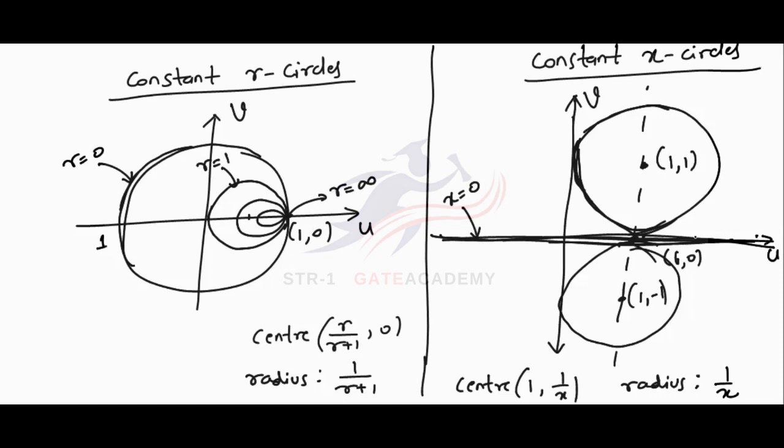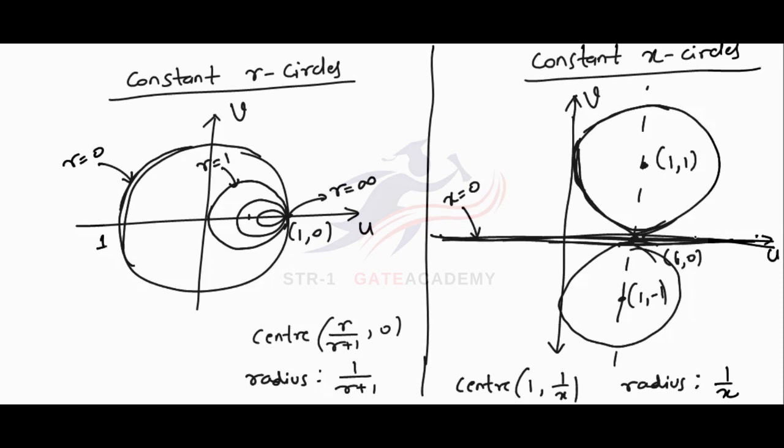So the Smith chart is nothing but the combination of constant r circles and constant x circles. I have explained the entire process of how we obtained the constant r circles and constant x circles. Whatever we are studying is our constant gamma plane.